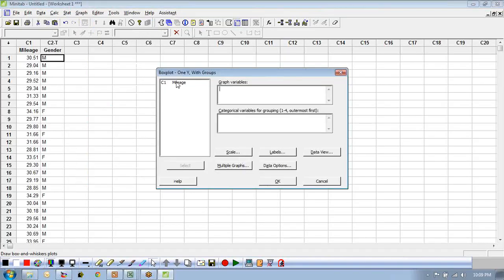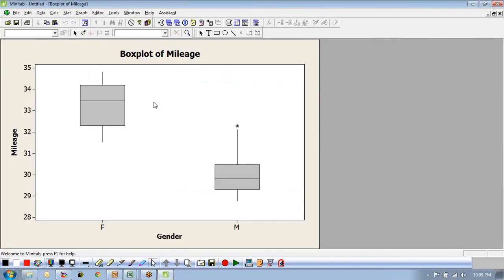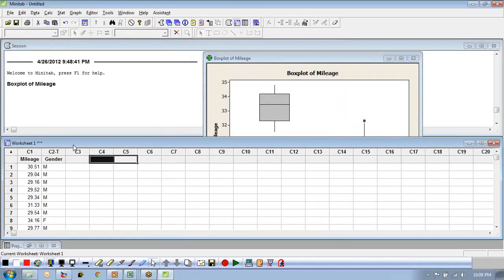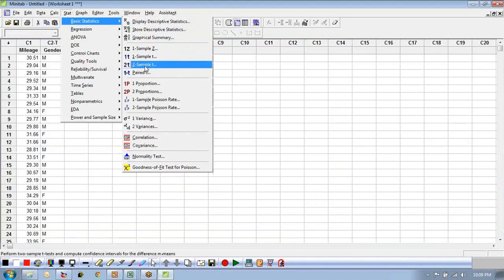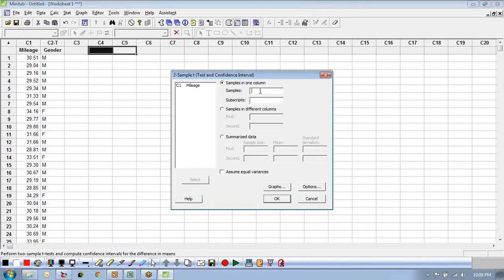Here are Minitab's box plots, mileage versus gender. Okay, see that? Looks pretty good. Let's do a t-test, or let's do the test. In this case, we've got what's called a two-sample t. As we go on throughout the class, we'll note that when we're testing means, we use t-tests, and this is one of them.